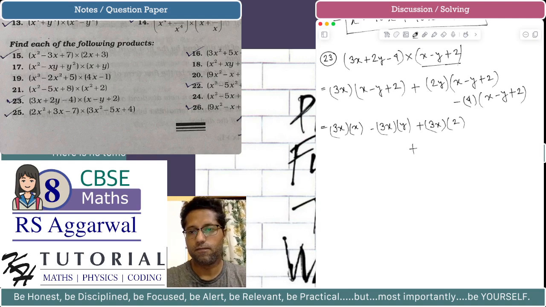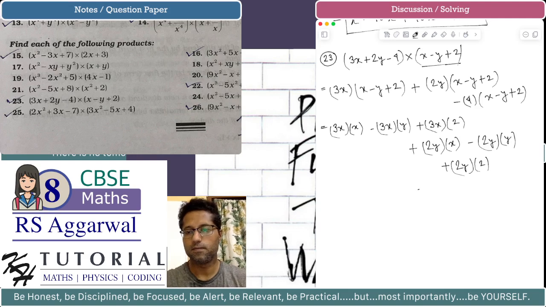Then we have plus 2y into x minus 2y into y plus 2y into 2, and then minus 4 into x plus 4 into y and minus 4 into 2.